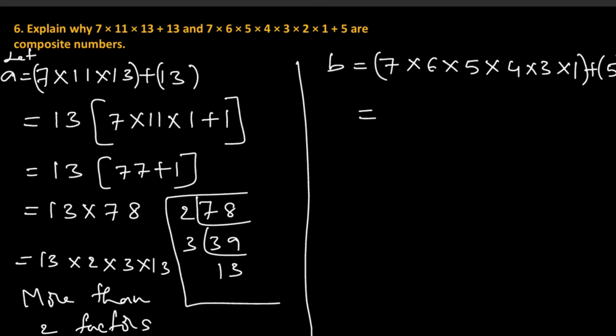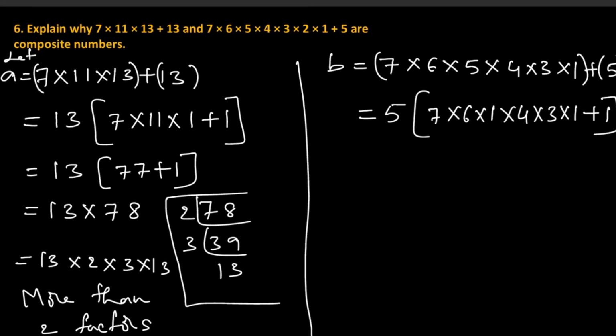What is the common number in these two? I can see 5. 7 into 6 into 1 into 4 into 3 into 2 into 1, and here also you just give 1 because you took the 5 outside.